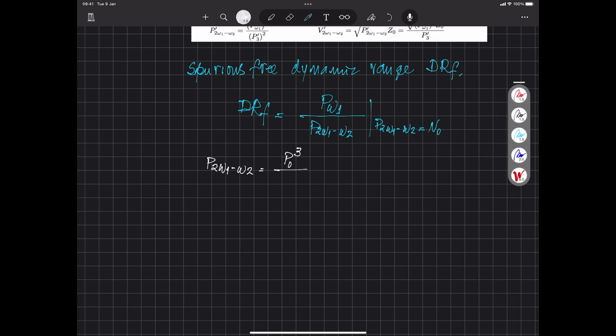to the output power of the linear amplifier divided by P3 squared.